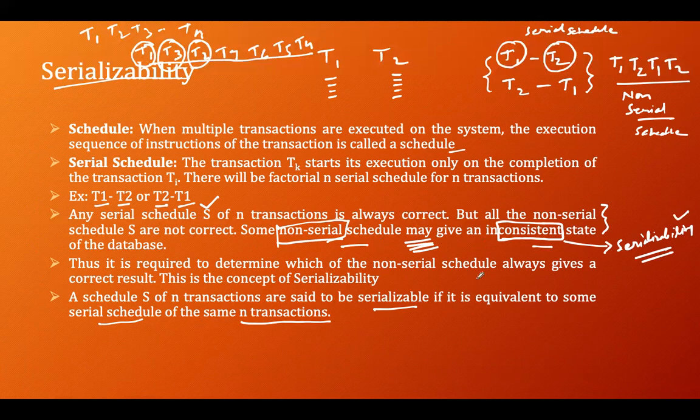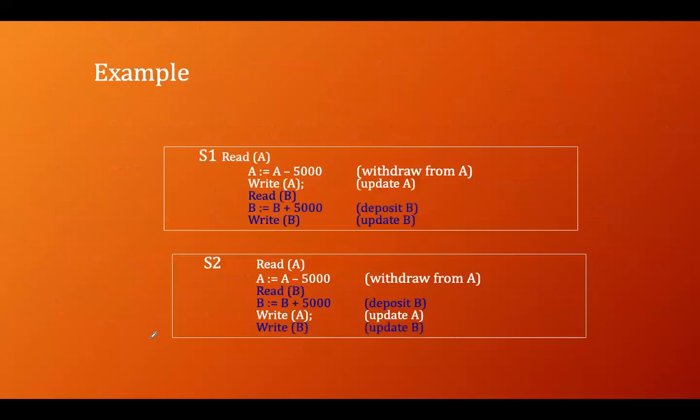It will be done in a way that I get a non-serial schedule which is equivalent to the serial schedule. Then definitely we know that if we have the serial schedule, it will give me the consistent state. So serializability is possible for the non-serial schedule if it is equivalent to the serial schedule. Getting it? How we can make it equivalent to the serial schedule, we'll see shortly.